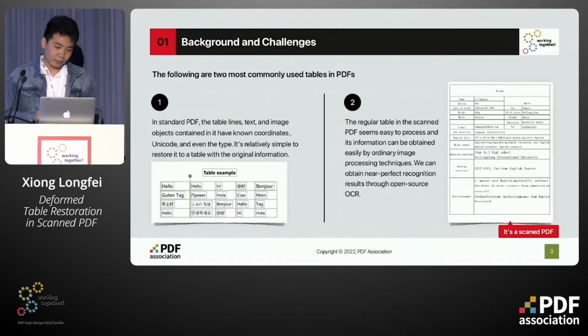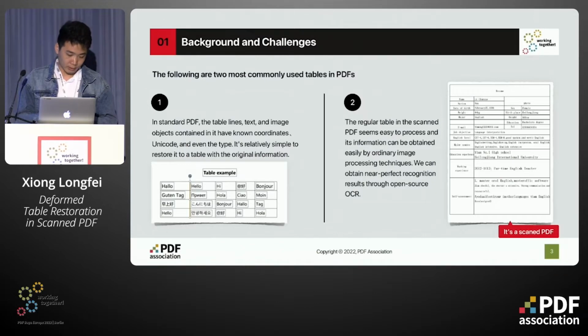In a standard PDF, which may be generated by regular software rendering, the table lines, text, and image objects contained in it may have known coordinates, Unicodes, and even the font type. It's relatively simple to restore a table with original information.